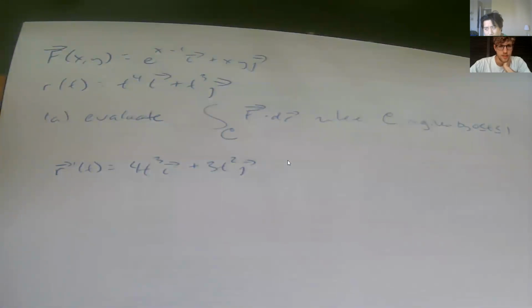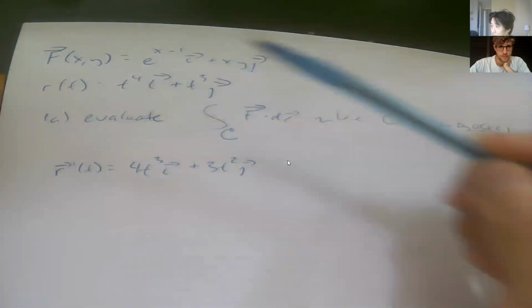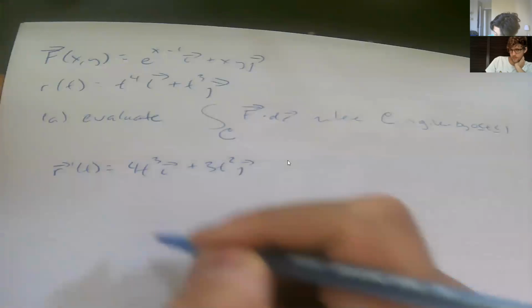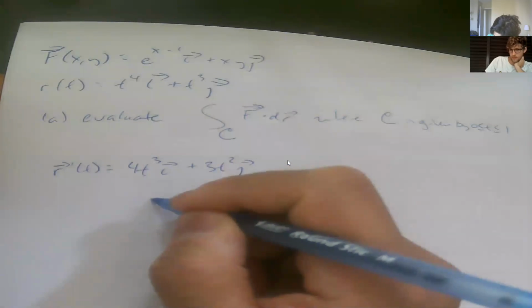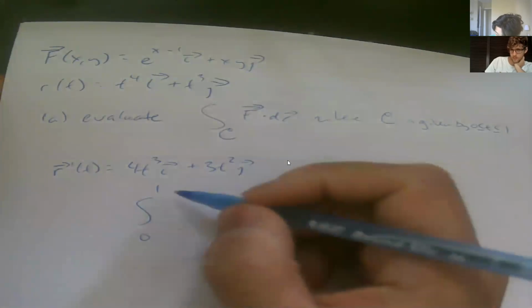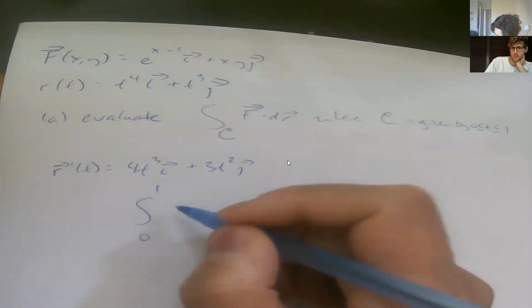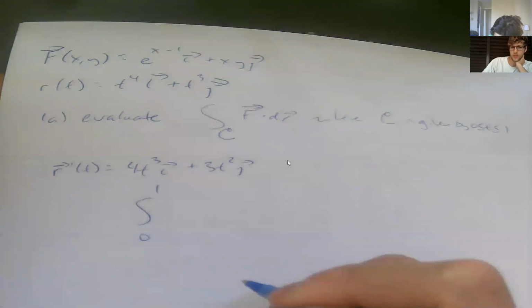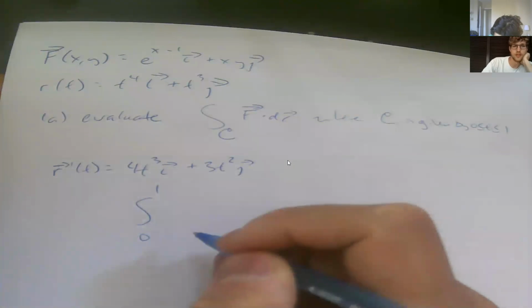So what we want to do is evaluate our field, which is this, on the curve, which is this. So what should I do? Where do my bounds go? They go from 0 to 1. And I need to evaluate f on this curve. So you plug in r, you do f of r of t.